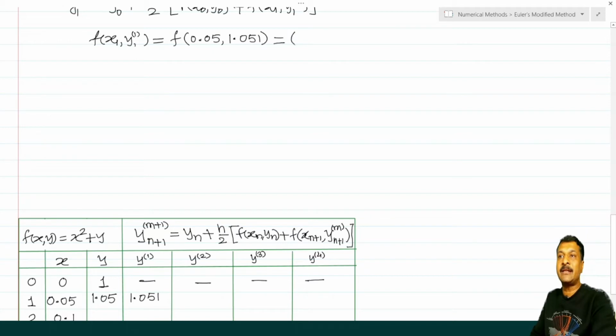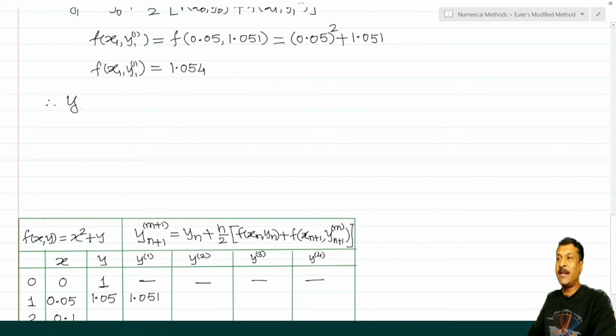So I am getting x square means first value 0.05 square plus y is 1.051. By calculator you find the value. So I am getting here 1.054. So it is f of x1 y1 at first position.